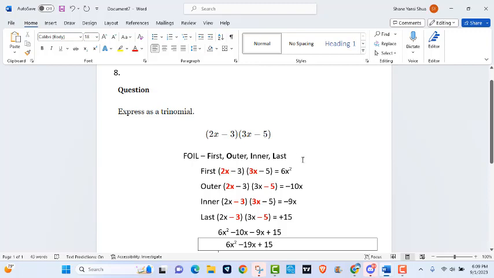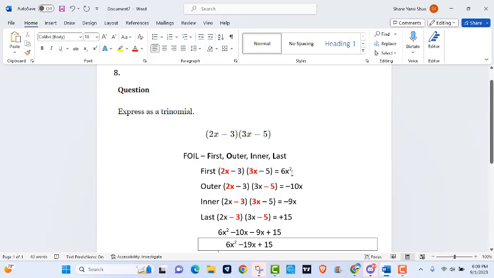The FOIL method is a way that we use to multiply binomials, and let me show you how it's applied. If we start with the F, F stands for first. We're going to multiply the first term in this binomial times the first term in this binomial. 2x times 3x. 2 times 3 is 6. x times x is x squared, so we get 6x squared.